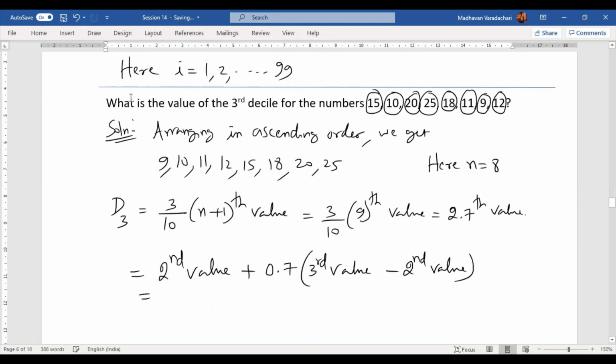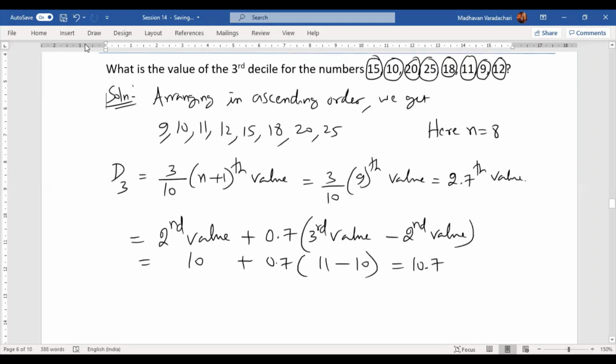What is the second value after arranging? 10. What is the third value? 11, minus 10. So this is 1. 1 into 0.7 is 0.7. 0.7 plus 10 is 10.7. So the result for the third decile is 10.7.